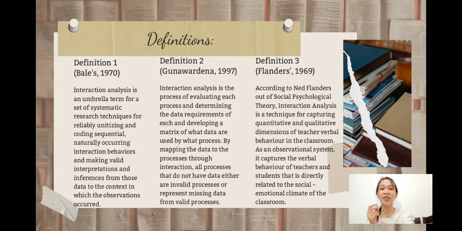Conversely, by reverse mapping, all data that have no associated processes are either extraneous data items or are missing the valid processes that need them. This mapping can take many forms, several will be covered here.